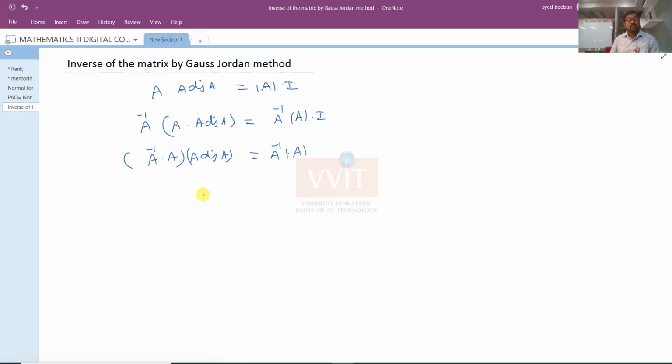So I get A inverse equals 1 upon determinant of A times adjoint A.